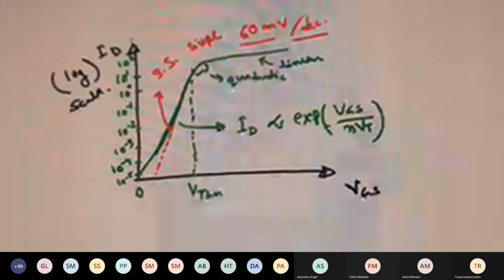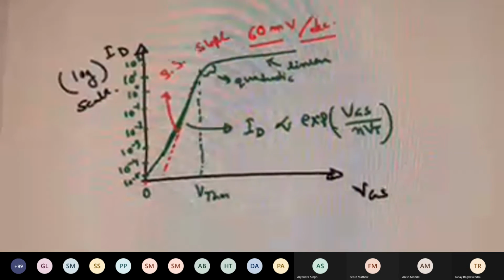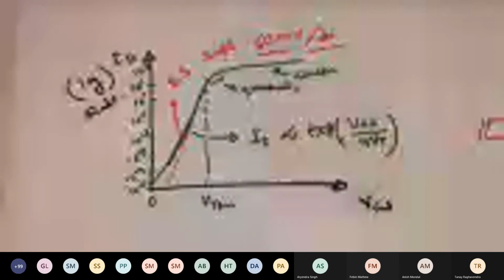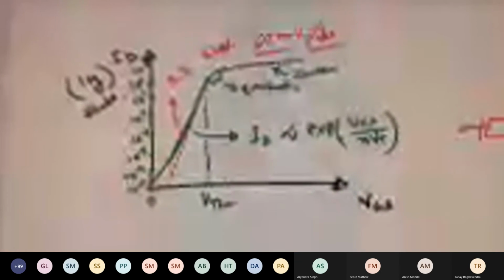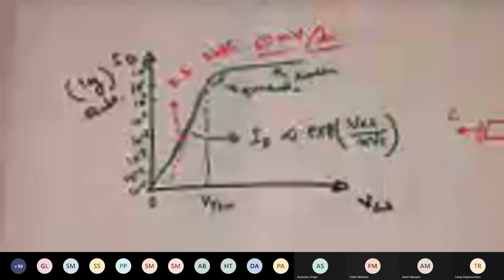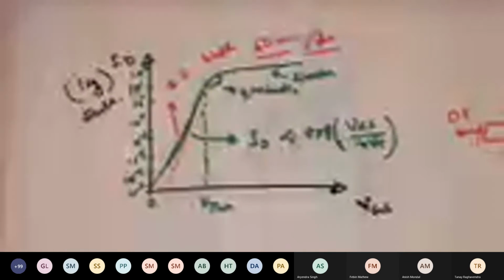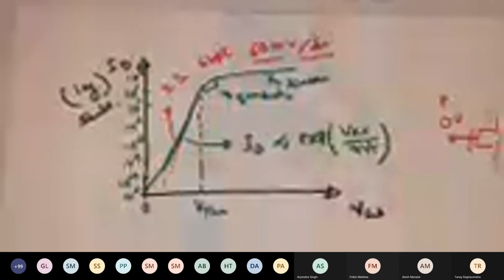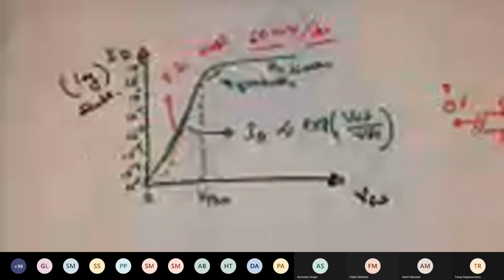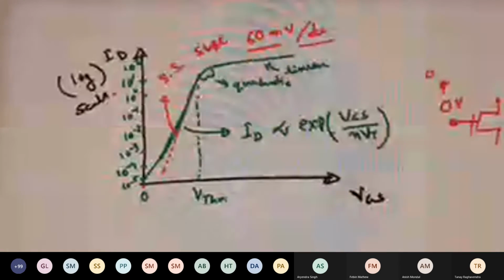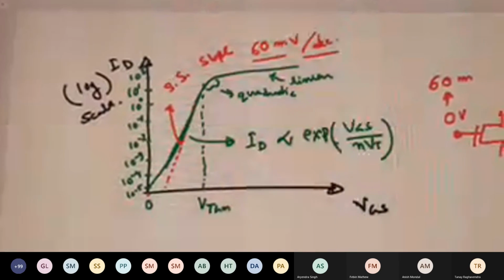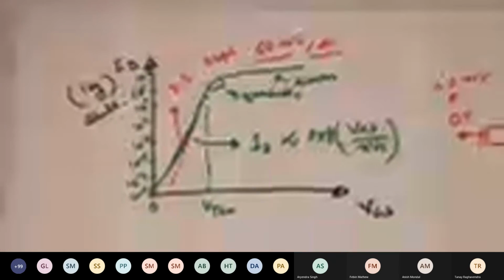Suppose this is an NMOS, and at the gate you are expecting 0 volt, right? But instead, due to some noise or some issue with your logic level, this has now become 60 millivolt, just 60 millivolt. One volt is 1000 millivolt.